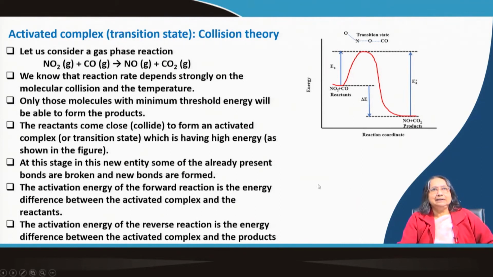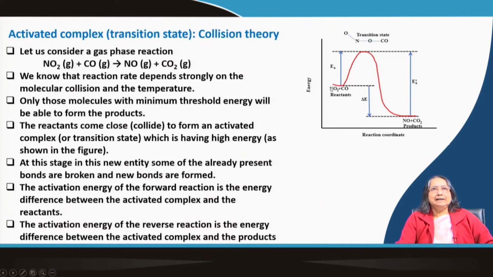Here you can see that there is one reaction, a gas phase reaction: NO2 gas and carbon monoxide gas giving NO plus CO2. Now, here in the figure you can see that this is the potential energy, and this is the reaction coordinate.